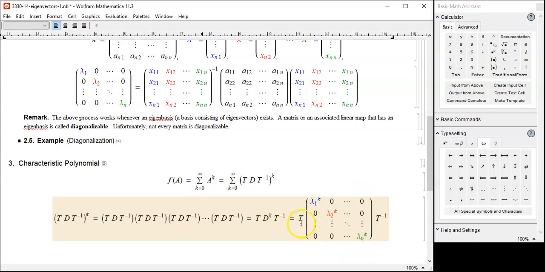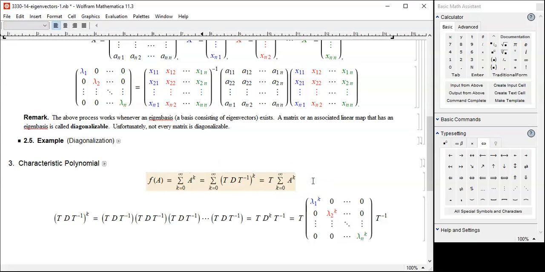All the powers are just T and that. And let's go back here. It is the same as T and then these are just diagonal entries.